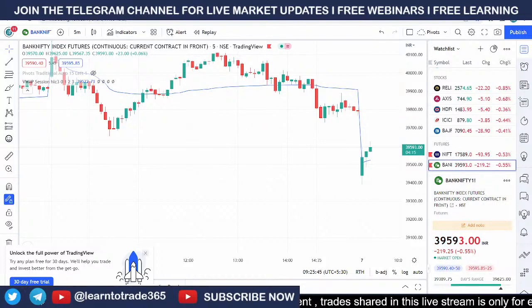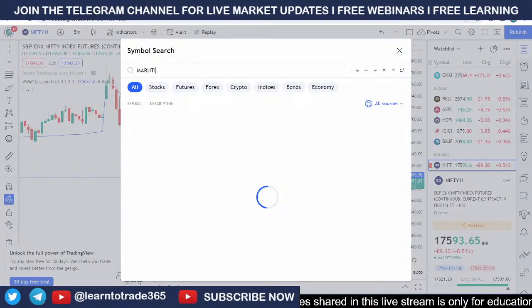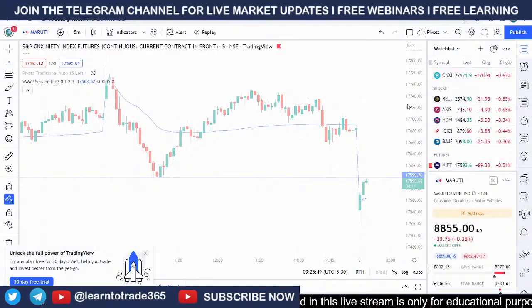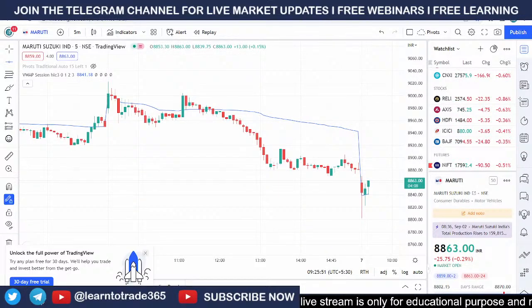Let's have a look at a few stock specific approaches. What's happening on Maruti? Maruti's trying to move on. Most of the stocks are trying to give a recovery, including the banking stocks.